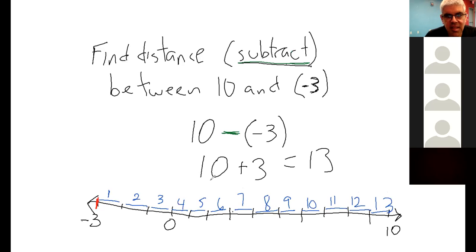Obviously, the number line numbers are different, so I don't want to confuse anybody. This is a negative 2 for the number line. This is a negative 3 for the number line. And then we have 1, 2, 3. So these are my numbers on the number line, and the blue are the counting numbers.